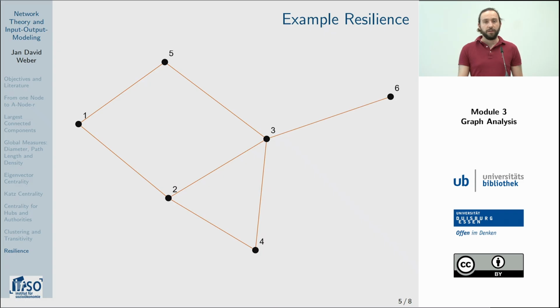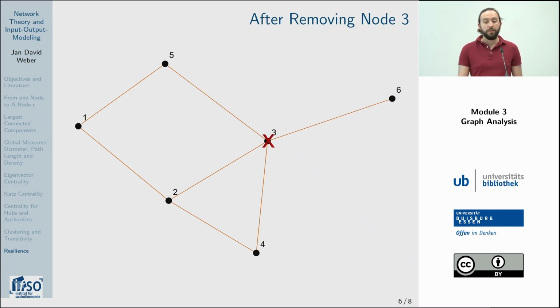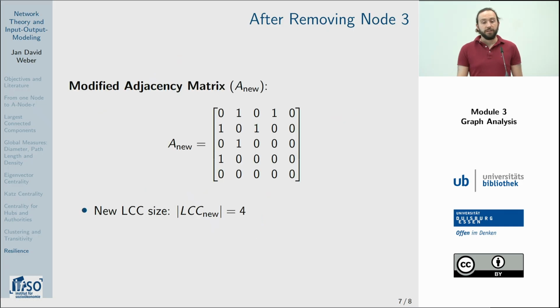So we have this connection here, 6 nodes. We have 7 edges, and what we're going to do now is pick node number 3 and remove that, so it's gone. So the adjacency matrix changes. We have a modified adjacency matrix. Now the largest connected component here is 4.